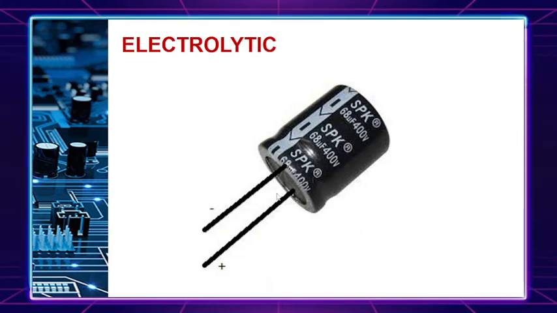So this is the negative part of the electrolytic. If it has no indicator on its covering, we can differentiate positive from negative based on the length of the leads or terminals. If it's short, it's the negative terminal, and if it's long, it is the positive.